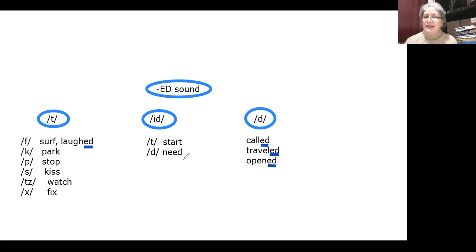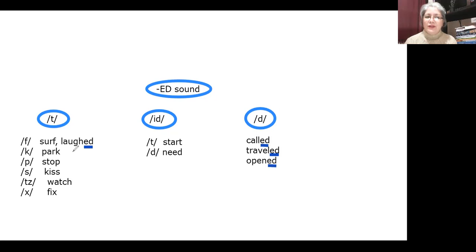Started. Need. What's the past of need? Needed. Other cases that are not among these sounds that I have just shown you, the ed is pronounced just like t. It's a light sound. For example, what's the past of call?